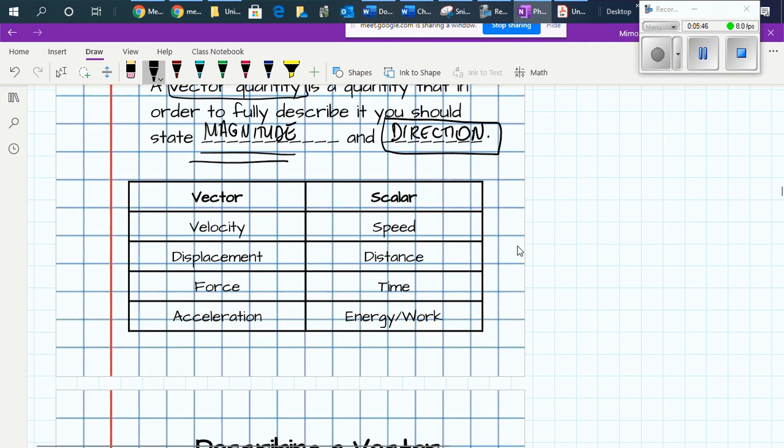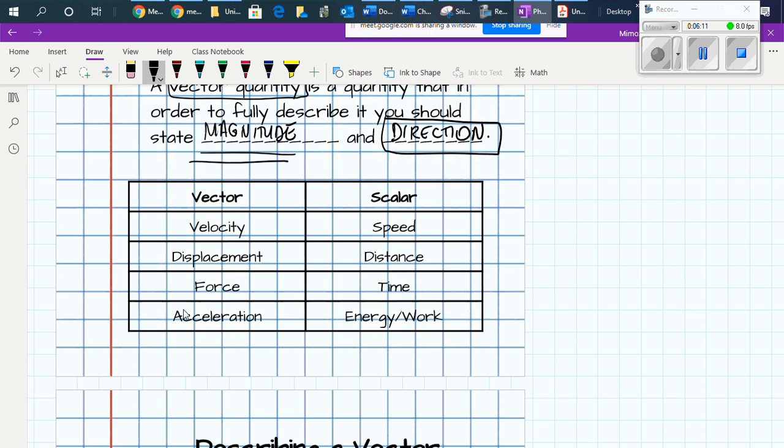This is a table showing some of the vector quantities that we will use in physics and some of the scalar quantities that we will use. Sometimes they are correlated with each other, and very often, especially students that do not take physics, mix them up with each other.